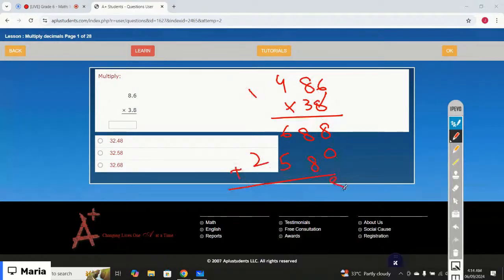Now just add them. 8, 8 and 8 is 16, 6, 1 carry. 6 and 1 is 7, and 5 is 12, 2, 1 carry. 2 and 1 is 3. So you have 3268. For both the numbers, you have only one decimal place, right? So you need to move the decimal point two places left. That is 32.68.